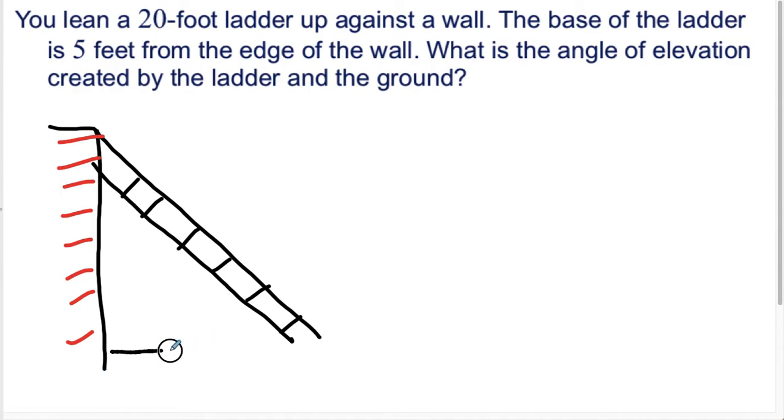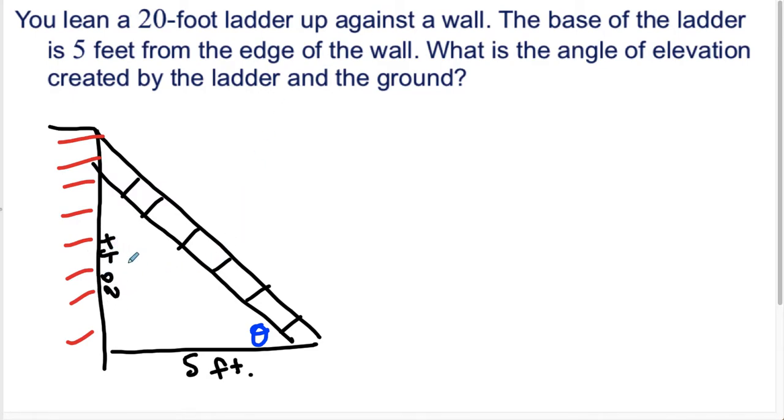So this is the edge of the wall, and this is where it's sitting, and that's 5 feet. What is the angle of elevation created by the ladder and the ground? So this is the ladder and this is the ground, and this is the angle of elevation that they're looking for right here. And I forgot to mention that this is 20 feet.